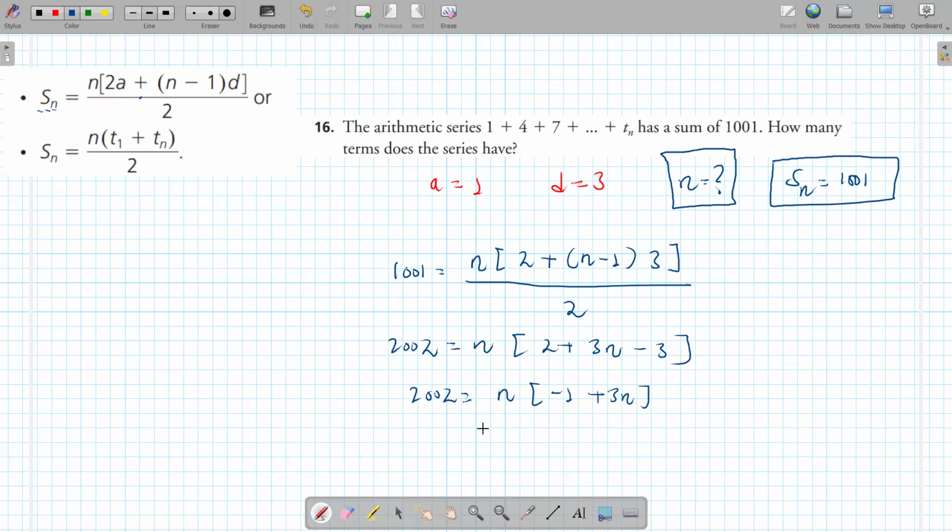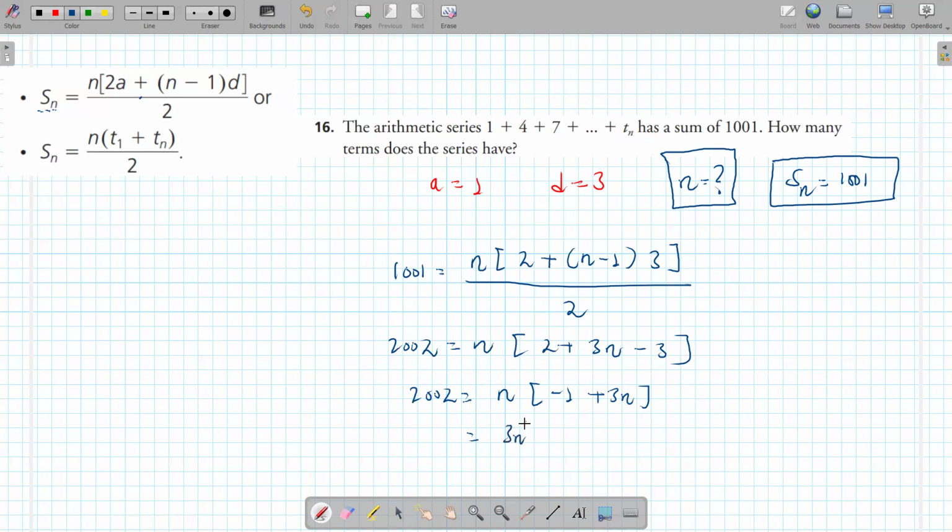If we open this bracket, what do we get? There's a square bracket here. If we FOIL it, what do we get? Negative n plus 3n squared. Yes.